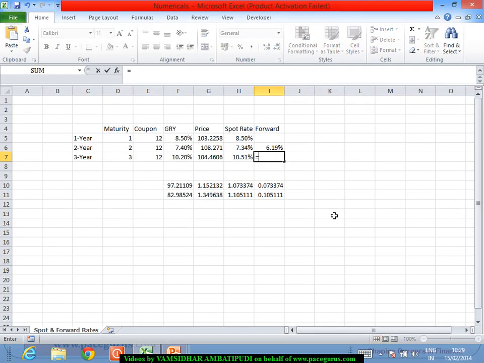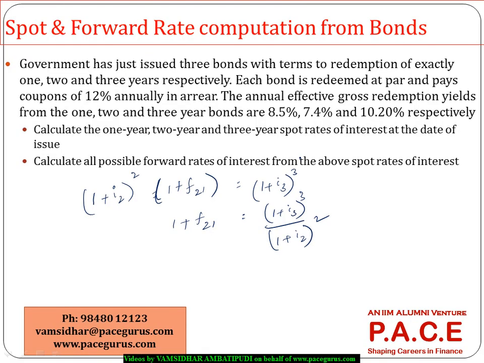The same logic applies here: 1 plus I3 cubed divided by 1 plus I2 squared, minus 1, gives me the forward rate between the second and the third year. So in this case it is working out to 17.14%.